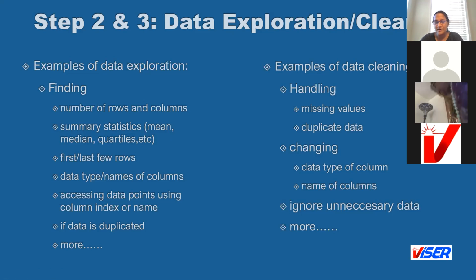If you remember, last time I told you there are three main types of data: integer, float, and string. You will see that Python handles those data types automatically, but sometimes it gives you errors. In those cases, we need to make sure that the data type of the column is correct.